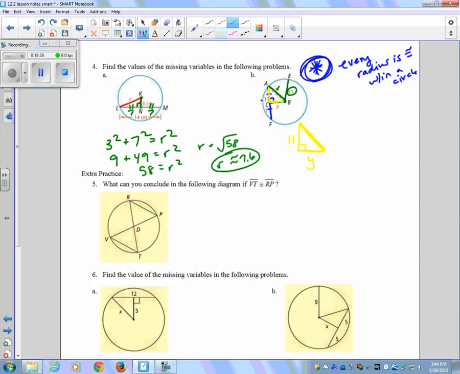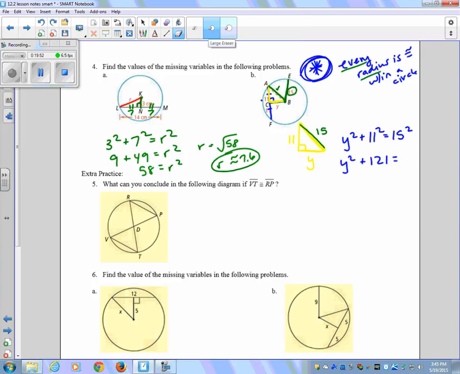It's 15. Every radius is congruent within a circle. So if we know that the radius of this circle is 15, then we know the hypotenuse of this right triangle is 15. And we can solve with the Pythagorean theorem now. You're going to be expected to know how to do that. 225. And we can solve from here.